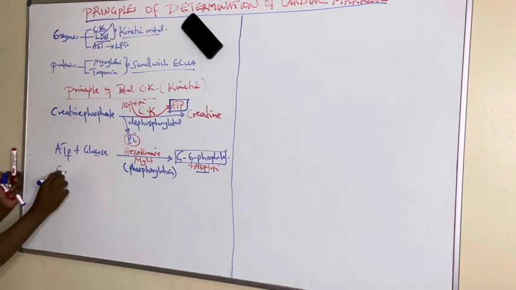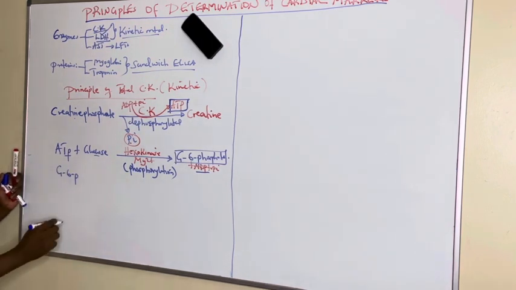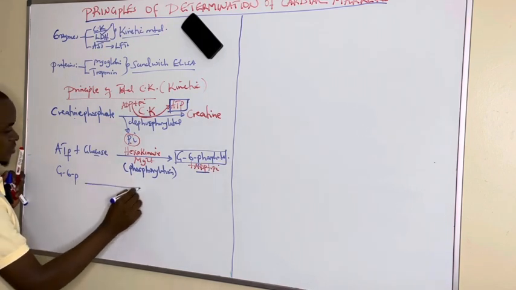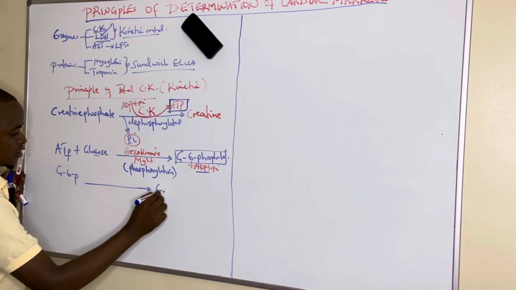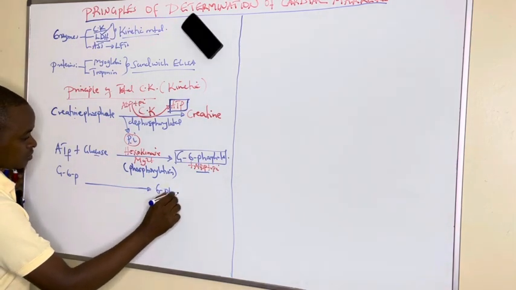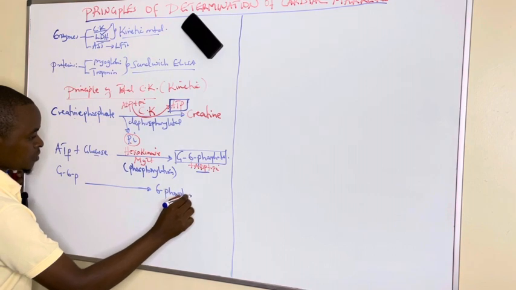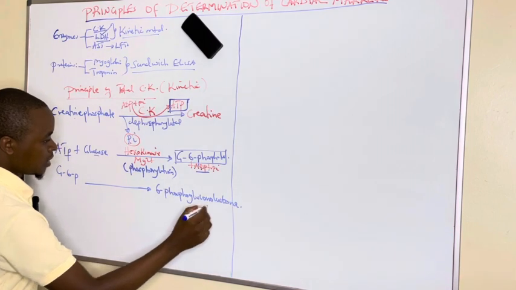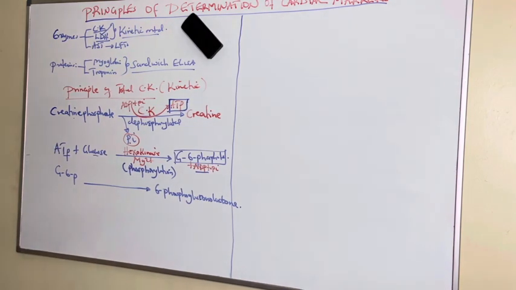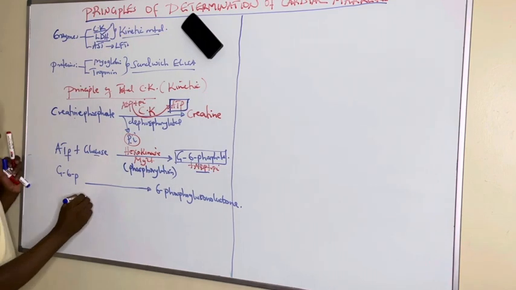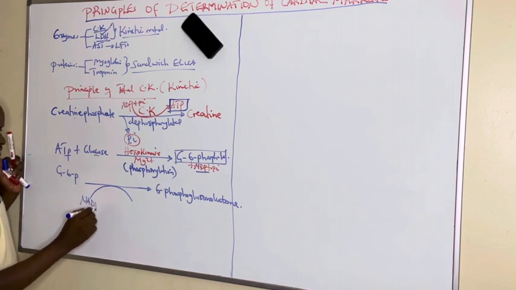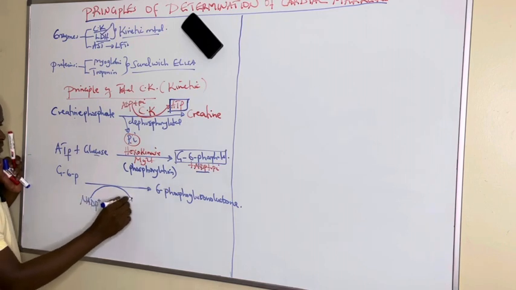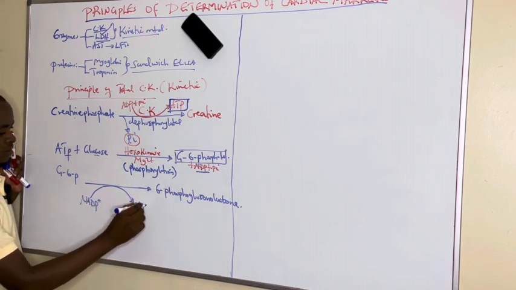That glucose 6-phosphate formed undergoes oxidation to form 6-phosphogluconolactone. This oxidation occurs in the presence of NADP, nicotinamide adenine dinucleotide phosphate, which is reduced to NADPH.